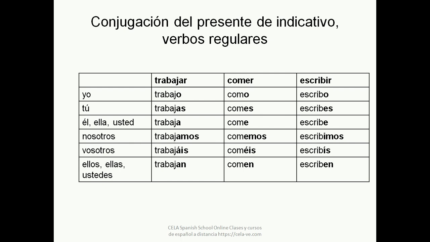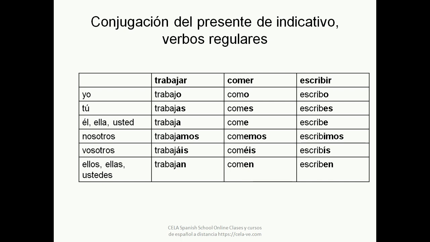In the present, the conjugation of regular verbs is as follows. Trabajar, yo trabajo, tú trabajas, él, ella, usted trabaja, nosotros trabajamos, vosotros trabajáis, ellos, ellas, ustedes trabajan. Comer.